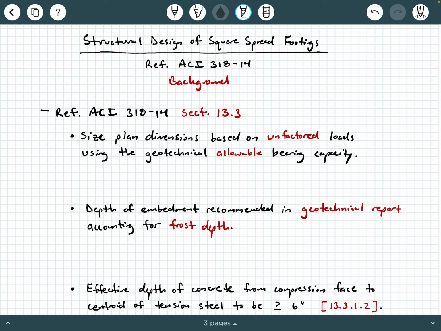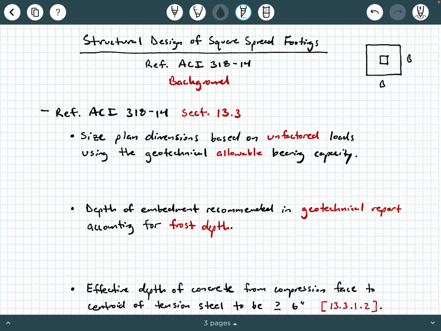So before we jump into a lot of the stuff I have written here already, let's make sure we know what we're looking at. When we say a square spread footing, what we're talking about, and I'm going to draw up here in this top right corner to get us started, is in plan view, a footing like this that has dimensions of maybe B by B. And in particular, I'm interested in the column being in the middle of the footing with the applied load being a concentric load.